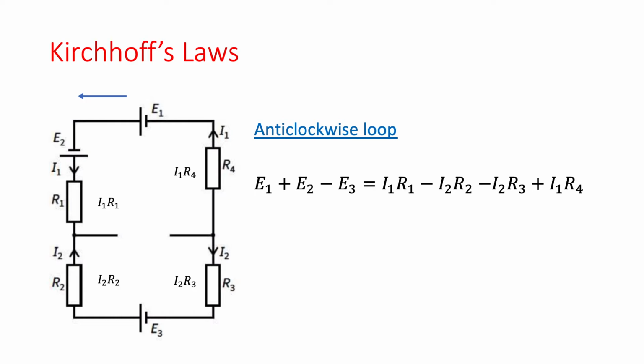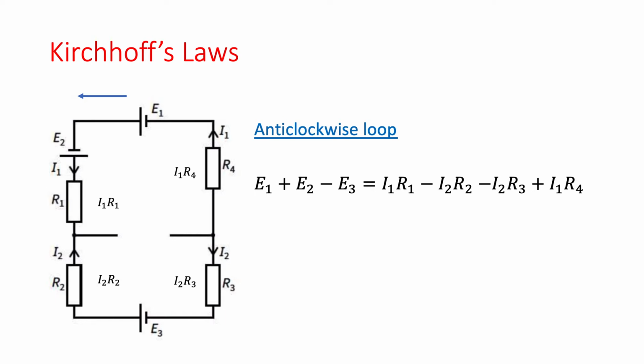We also have to worry about minus signs on the currents, and I'll talk to you a little bit about why that is just now. You've noticed that as we go through the loop, if I'm going through R1, for example, my loop is in the same direction as the current through R1, I1. I'm moving down through the resistor and the current flow has been decided as being down as well.